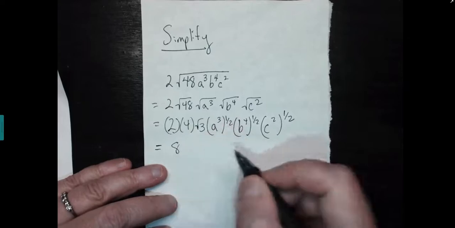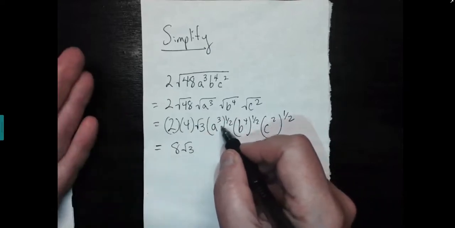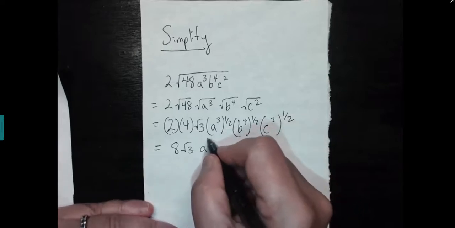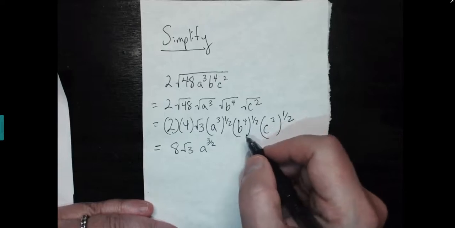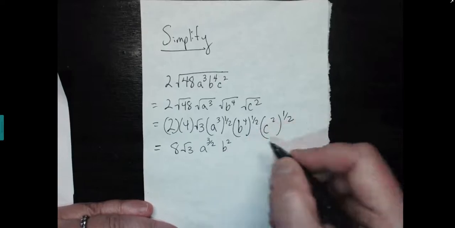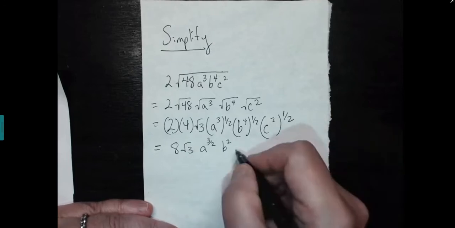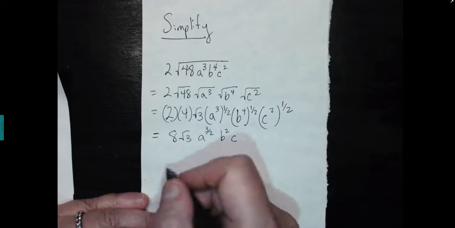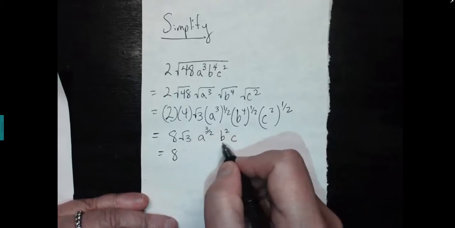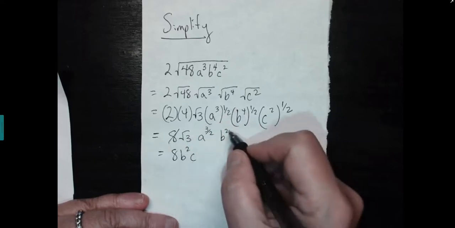So I'm going to have 8 out the front times square root of 3. When I multiply those together, because that's what the exponent rules say, we have A to the 3/2. Then I'm going to have B to the 4/2, which is B squared. And then I'm going to have C to the 2/2, which is just C to the 1st power. Okay, so let's bring that out the front.